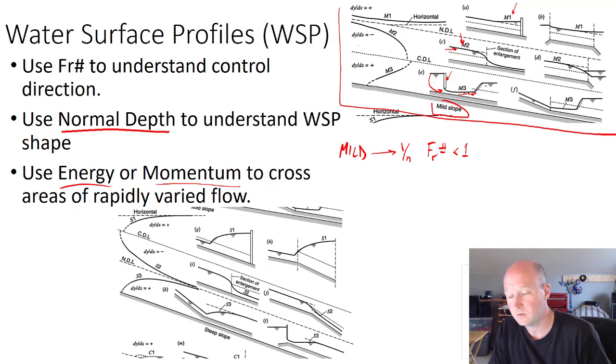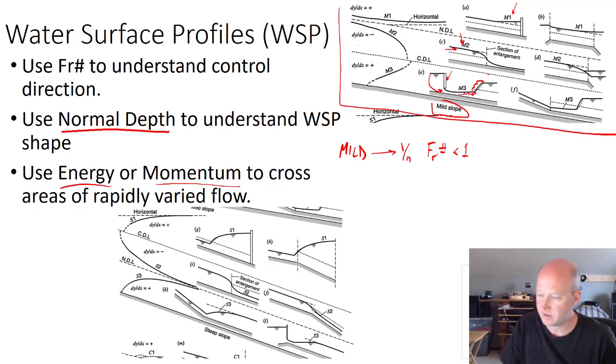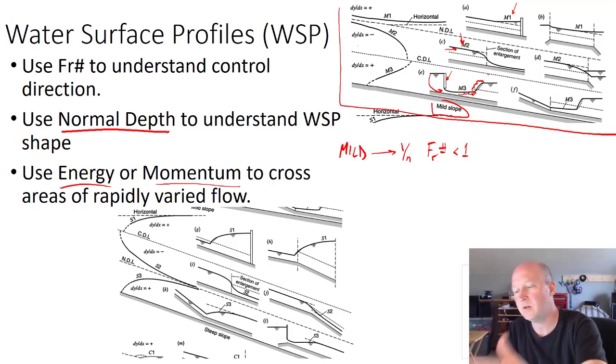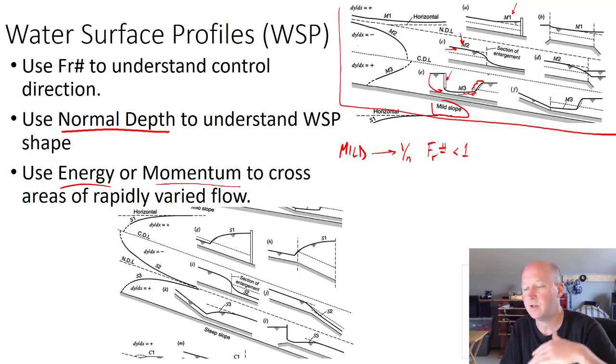So it slows down, it gets deeper, and eventually it will jump. There will be a hydraulic jump that connects to the other side. So we're going to group these together, label them M1, M2, or M3, and decide based on the normal depth slope.